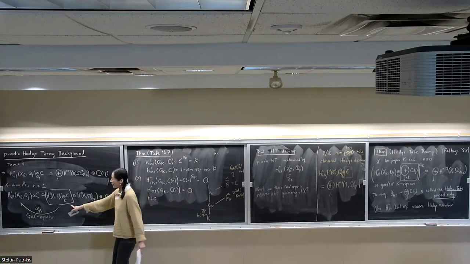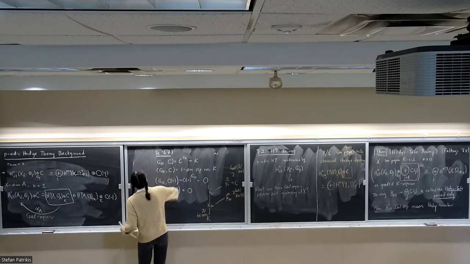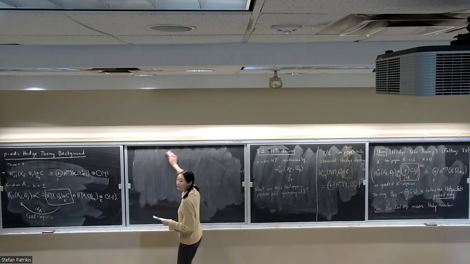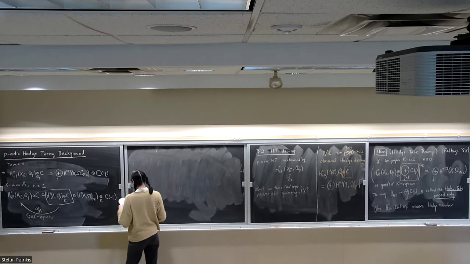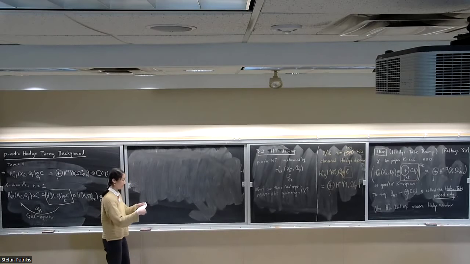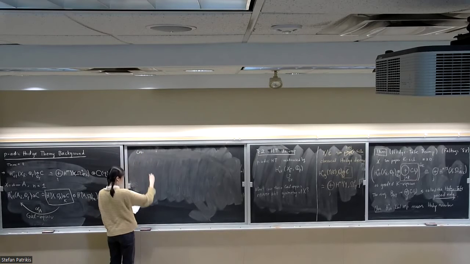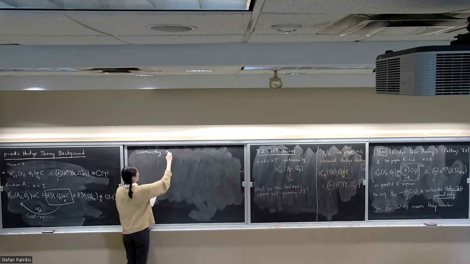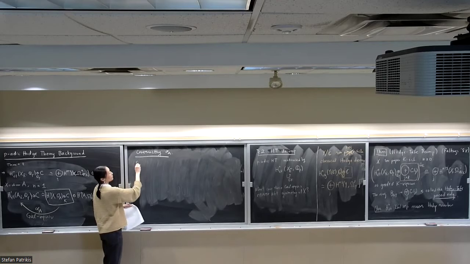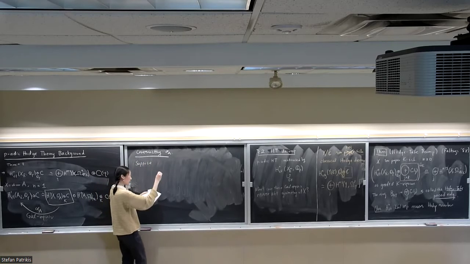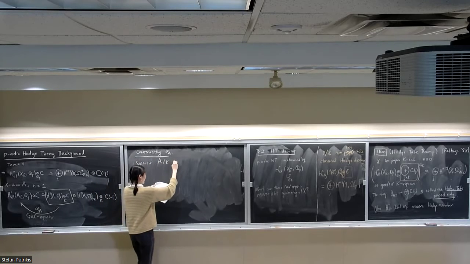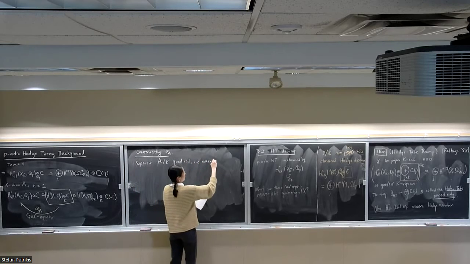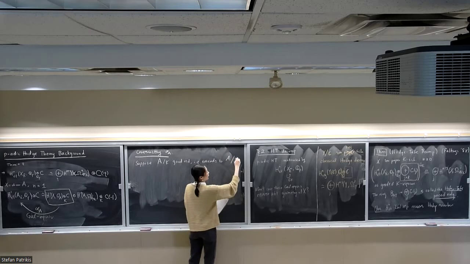Right, so this is our next part of the talk. Now we're constructing alpha sub A. Suppose that, well, we're going to need that A has good reduction so that it extends to an abelian scheme A over O_K.